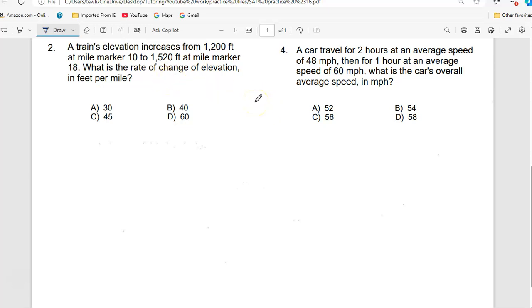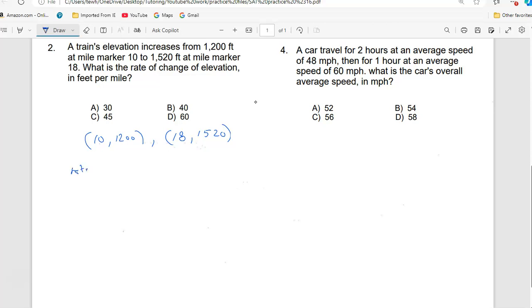Rate of change is the slope. So consider we have two ordered pairs. We have the mile, which was 10, and the elevation, which was 1200. And we have another point, the mile marker 18 and the elevation 1520.